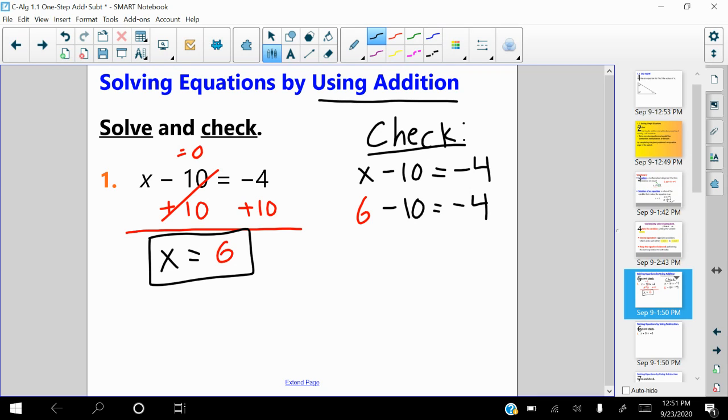We're now going to simplify both sides of the equation separately. We have 6 minus 10 on the left-hand side. Well, 6 minus 10 is negative 4. I can't simplify anything on the right-hand side, so I end up with the statement of negative 4 is equal to negative 4. Since this is true, we know our answer of 6 is correct.